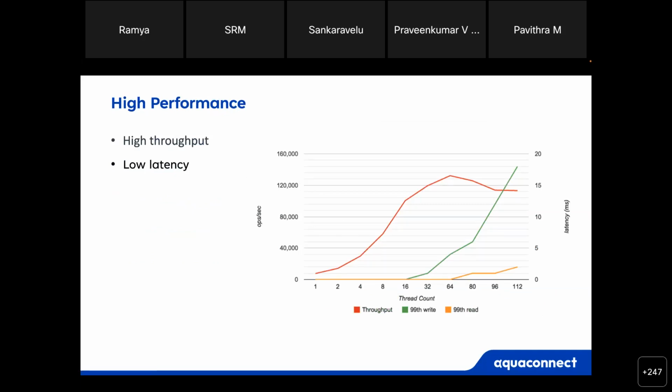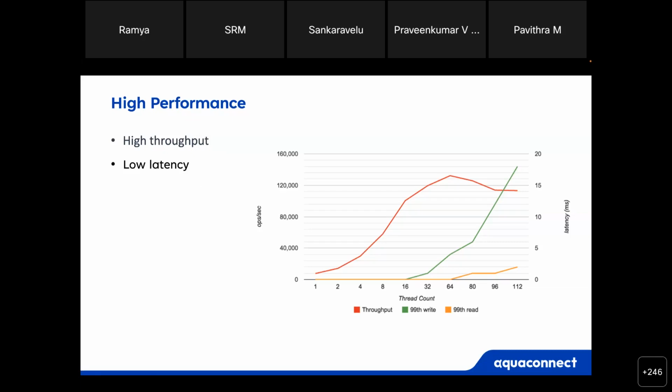So because of that sharding and replication, they say NoSQL databases are highly performant and highly scalable. If you have high throughput and low latency, that system is called a high performance system. So what is throughput? Throughput means how many queries you can handle in parallel in a second.